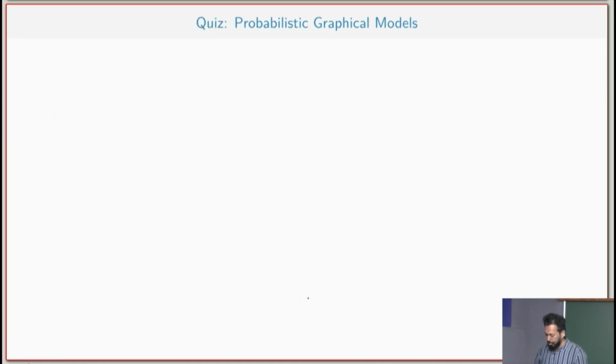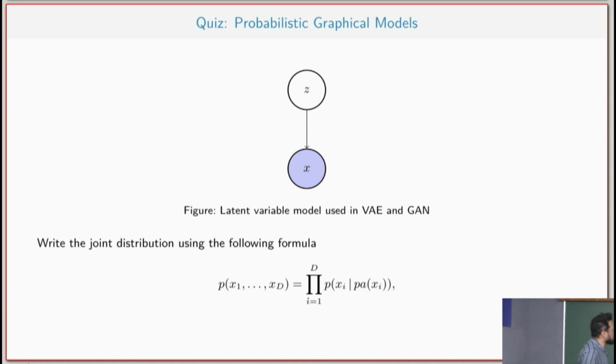So that's fine. Now let us look at a quiz on the formula that we had. Let us see this very simple diagram of a DAG. It has two nodes, Z and X. Now this is the formula we have. So write down the joint probability distribution.